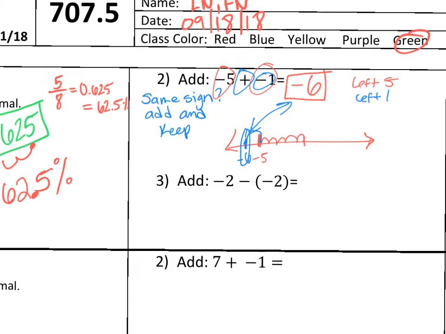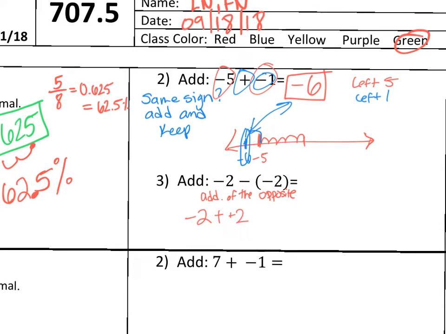Now let's do number 3. Number 3 already doesn't meet a requirement. It has subtraction. Every time you see subtraction, you must change it to the addition of the opposite. So -2, the first one stays the same. Subtraction turns into addition, and the -2 inside the parentheses, the opposite of -2 is +2. Now you can do the song.